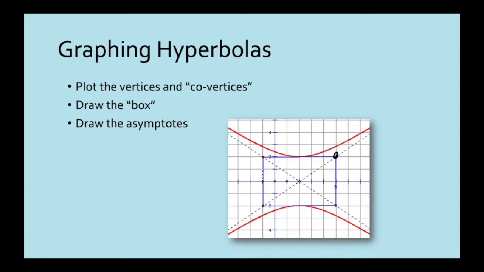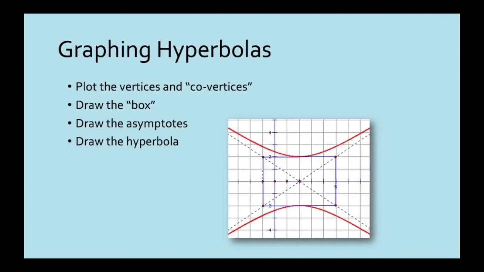Your corners are at your box, and you're going to take your ruler and draw your asymptotes. Your asymptotes will go through the center and the corner of your box. This will then help you draw your hyperbola.